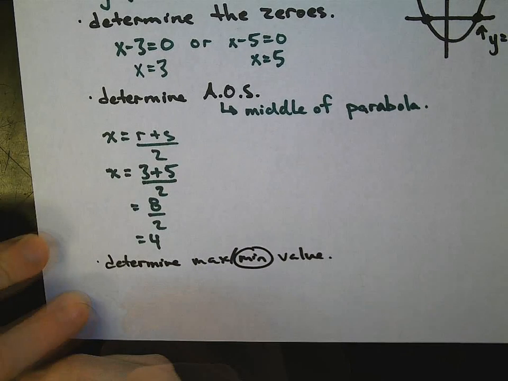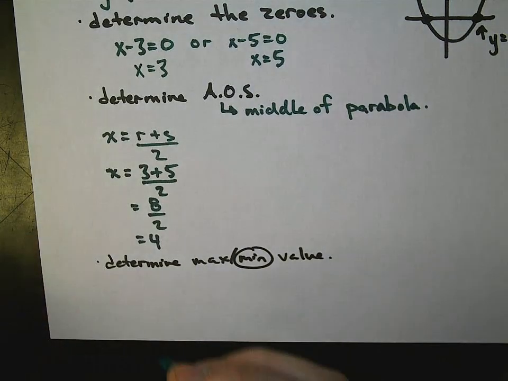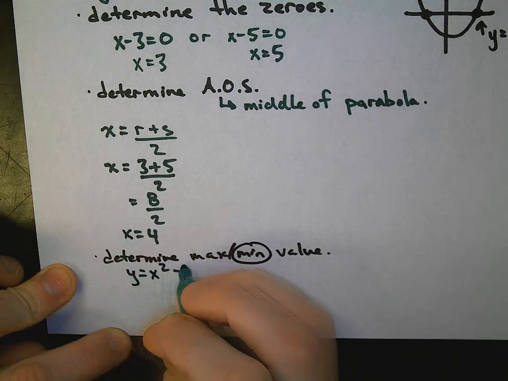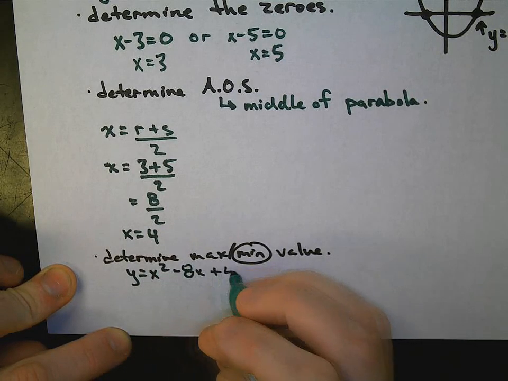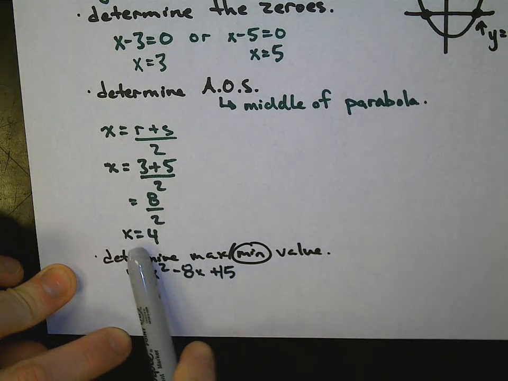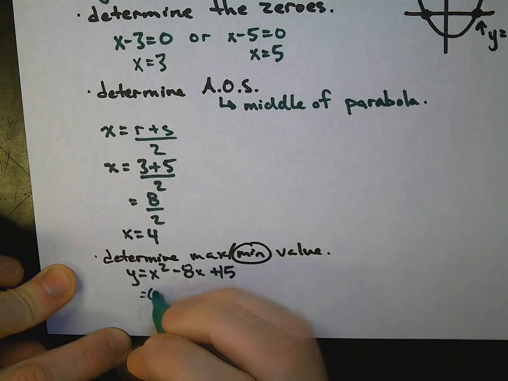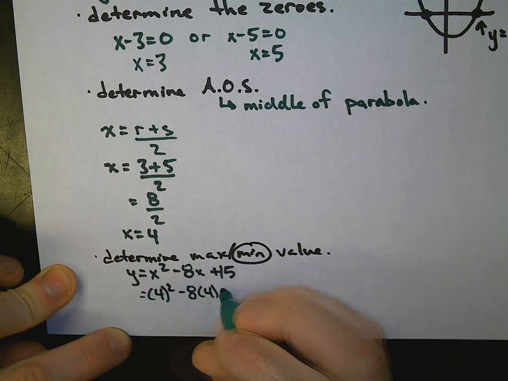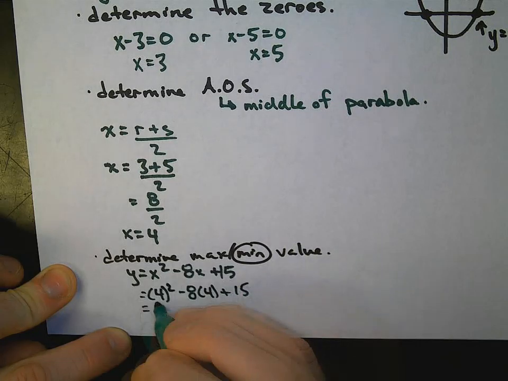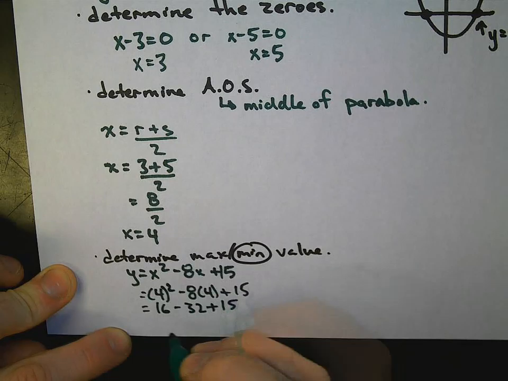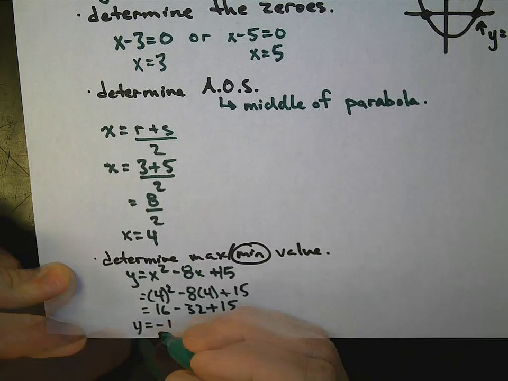And we take that original equation and we substitute in the axis of symmetry. That will be 16 minus 32 plus 15, and that gives us negative 1.